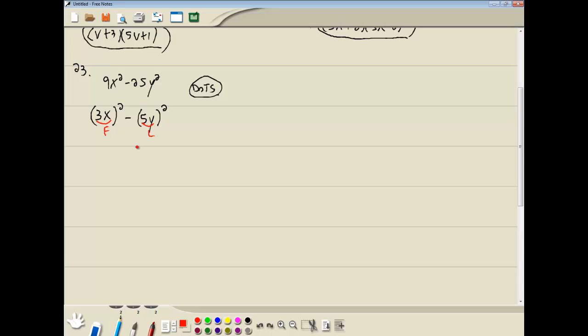I'll label this as L for last. Our formula for DOTS is F plus L times F minus L. Now everywhere there's an F, I'll plug in 3x, and everywhere there's an L, I'll plug in 5y. So I got 3x plus 5y and 3x minus 5y. And that's our answer.